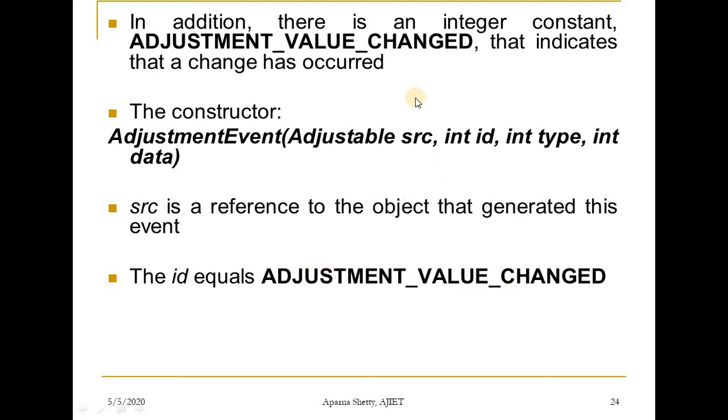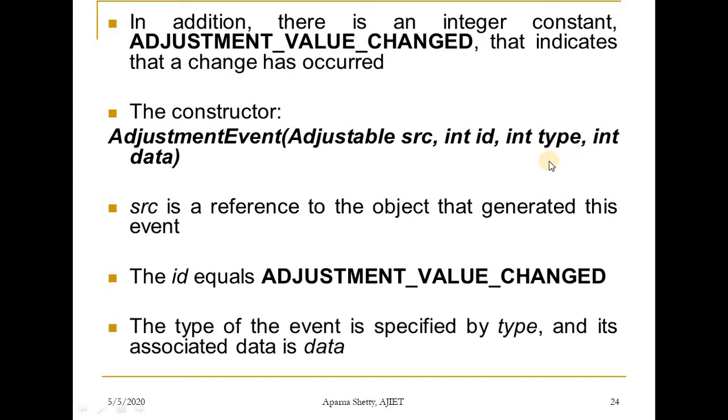So what is the change to this adjustment value? That is represented by the ID. ID is used to represent the adjustment value changed constant. The type of the event is specified by type and its associated data is data.